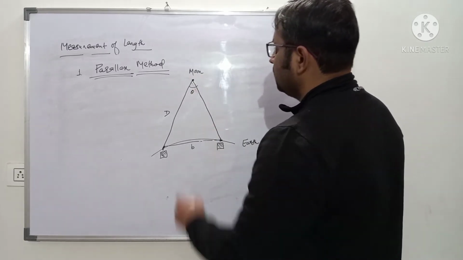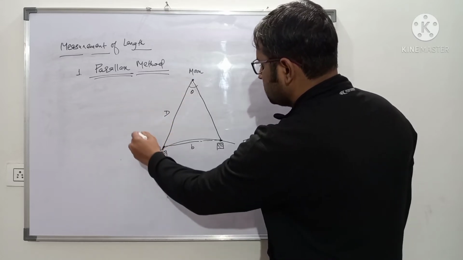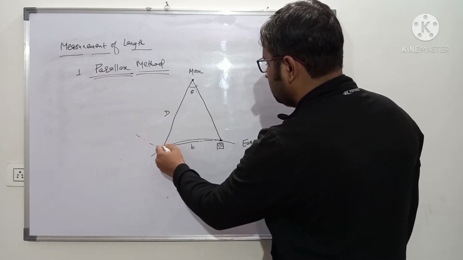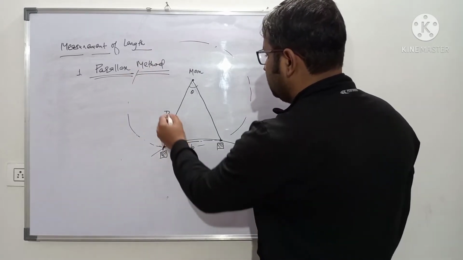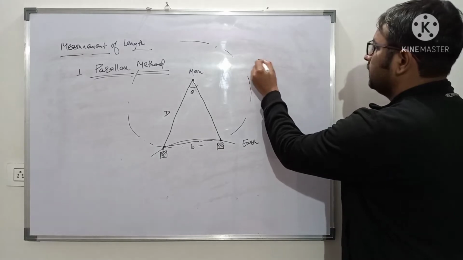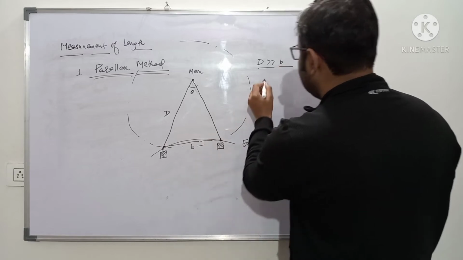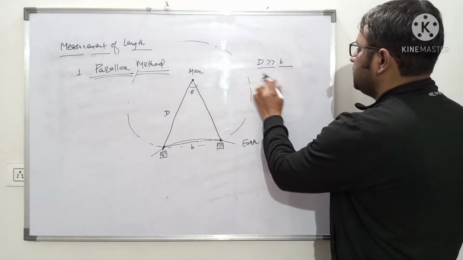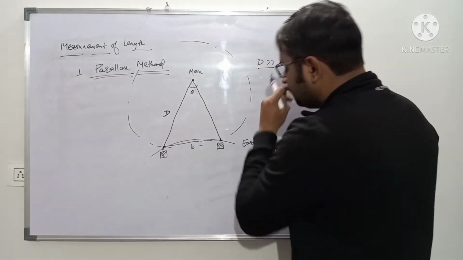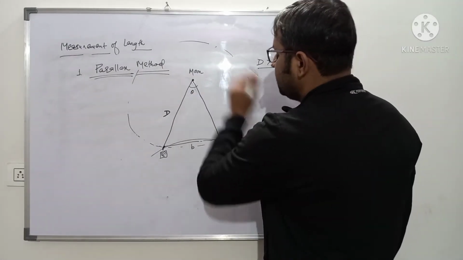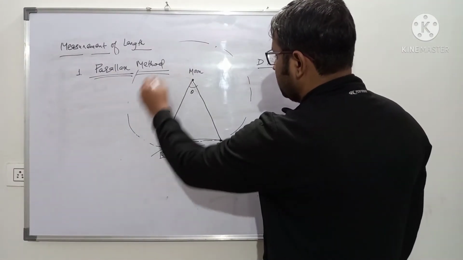If we assume the moon as the center and d as the radius, then we can draw a big circle of radius d.